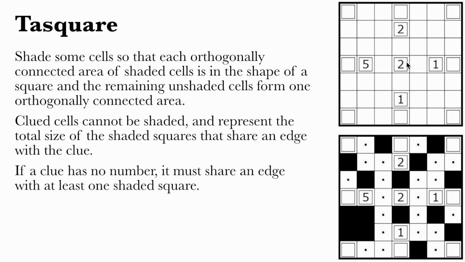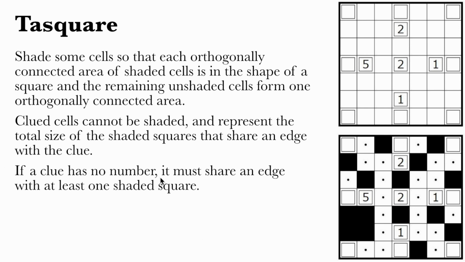A clue is a number or a square in the original grid, and they represent the total size of the shaded squares that share an edge with the clue. So that means that this 5, for example, is the sum of the 1 from this square and the 4 from this larger 2x2 square here.